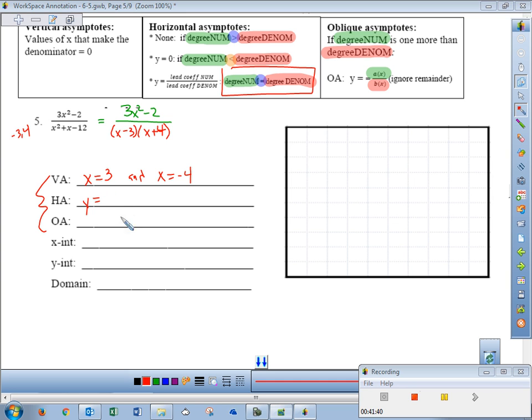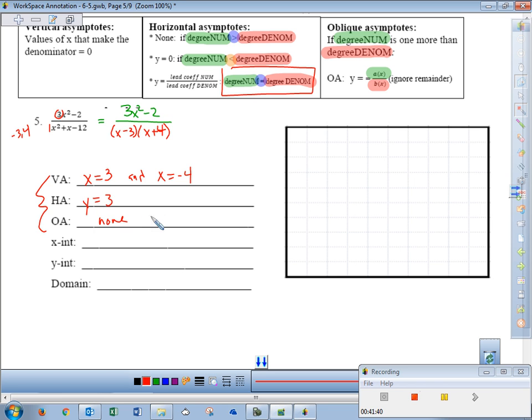Because they were equal degrees, it's the leading coefficients, this 3 and that 1. All good with that? Is there any oblique asymptote then? No. If this has a horizontal, then there is none.